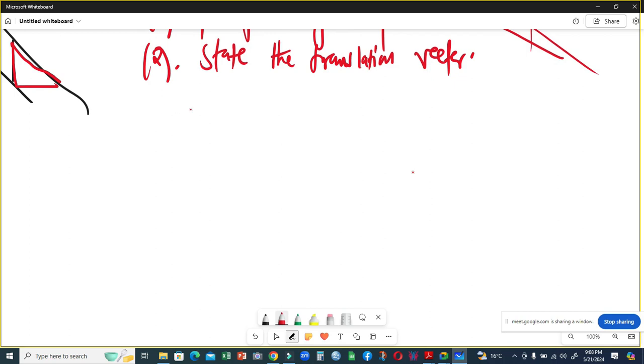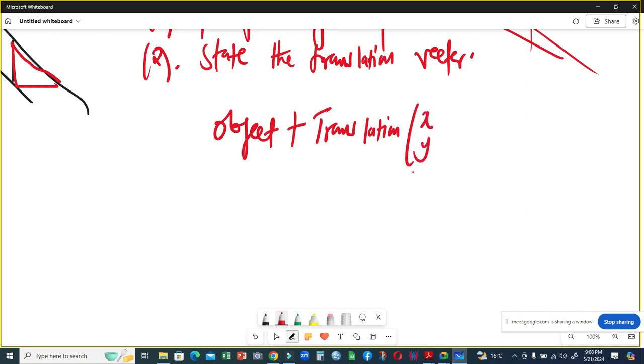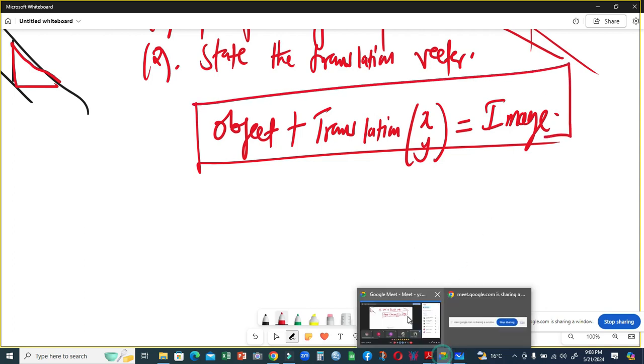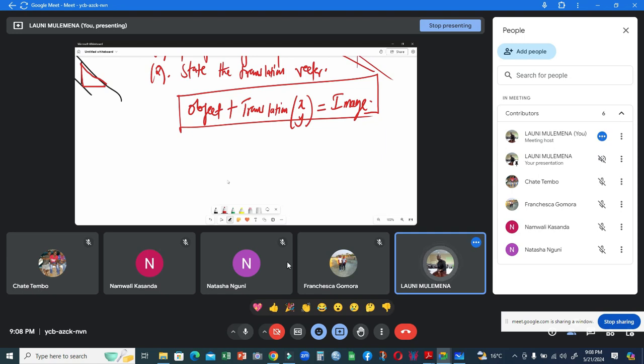It says the coordinate of the object plus the translation vector, which is in the form of (x, y), should be equal to the image. So this is the formula under translation. The coordinate of the object plus translation vector is equal to the image.